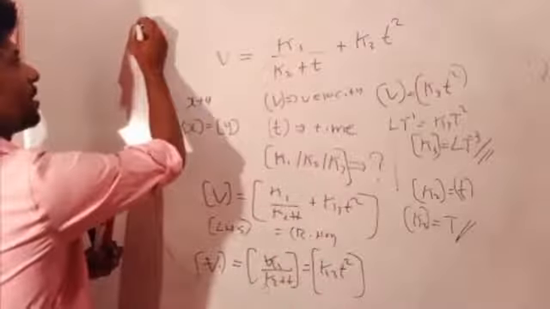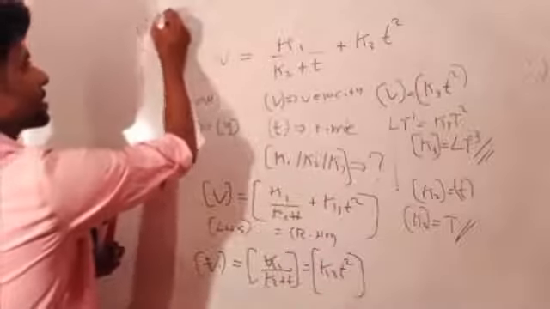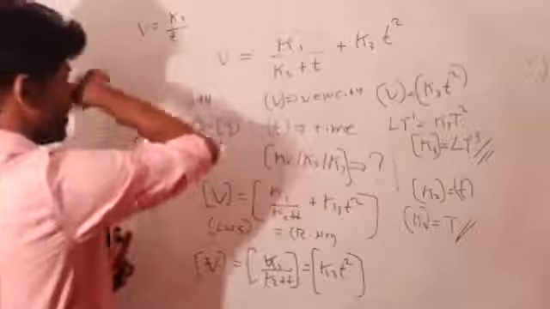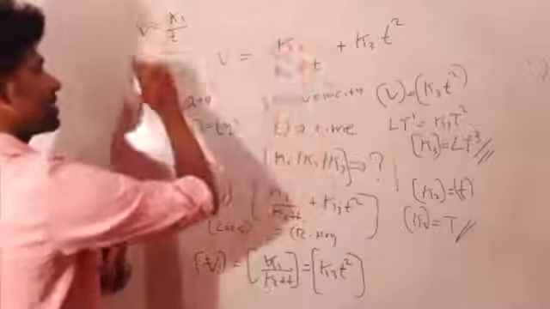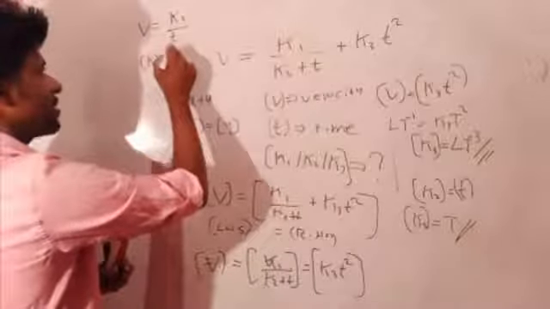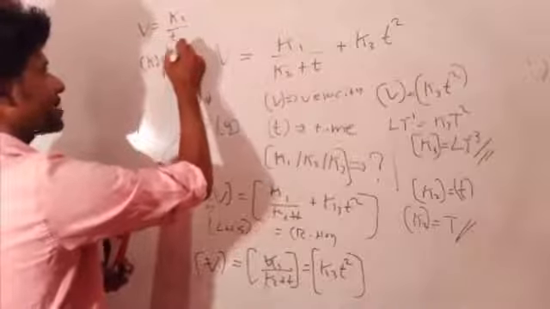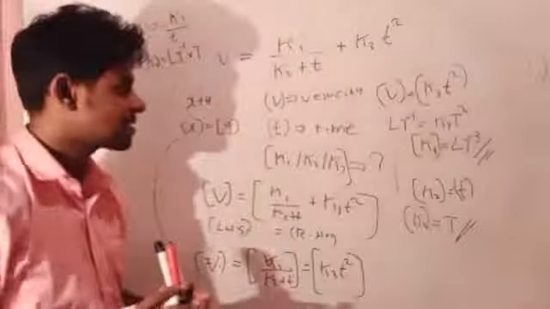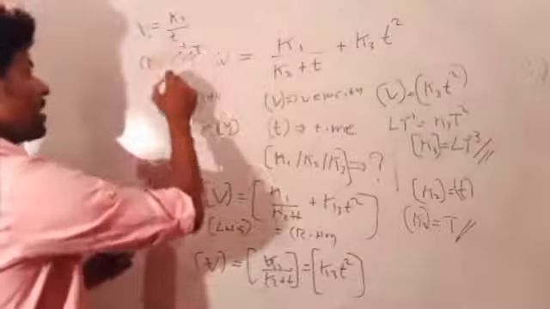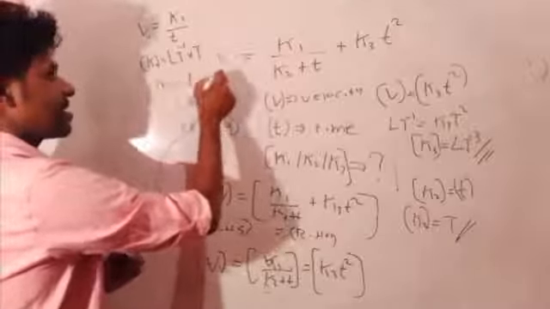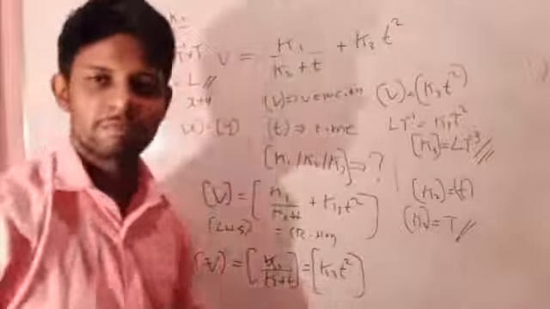So V is going to be equal to K1 over just T. Now I can neglect any of this because just one dimension out of it. Dimension of K1 is going to be LT minus 1 times capital T because velocity has the dimension of LT minus 1. And K1 is nothing other than L. It's very simple, isn't that?